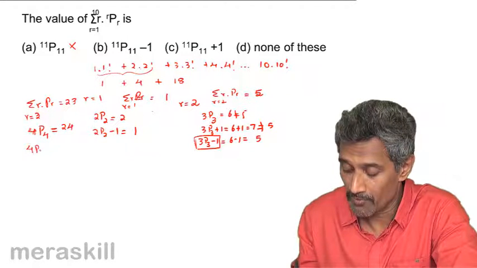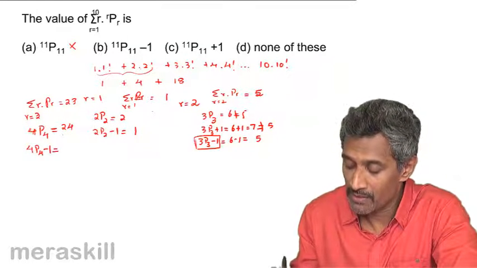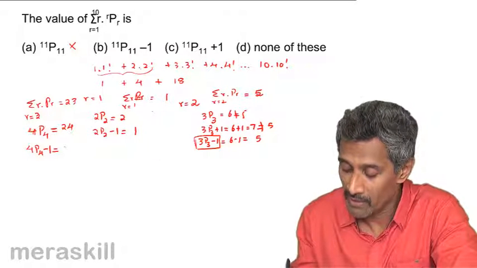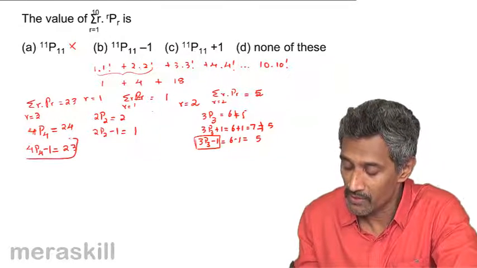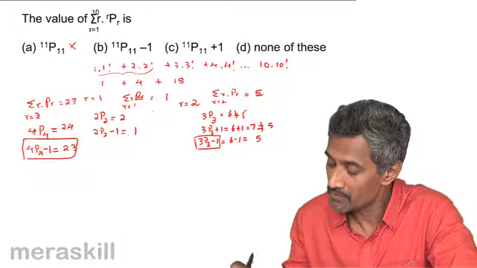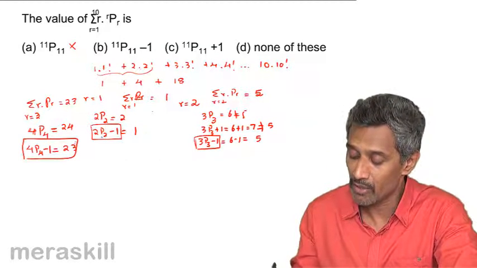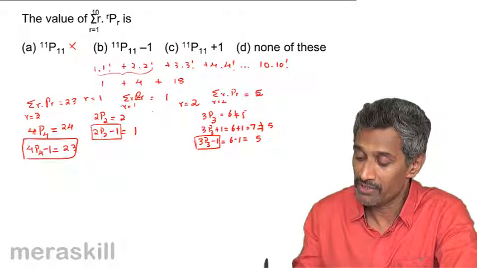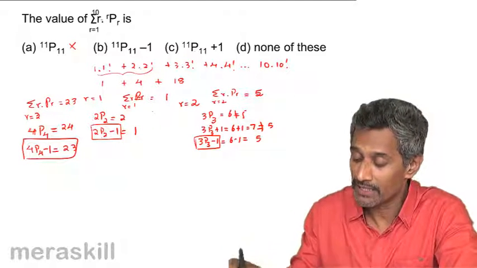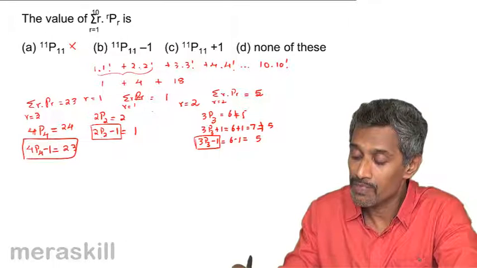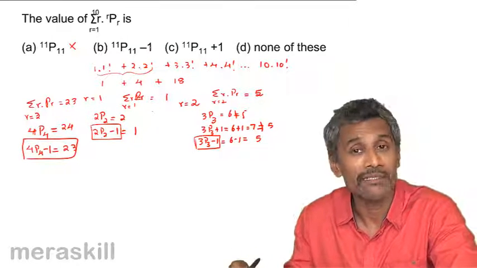But 4P4 minus 1 is 24 minus 1, that is 23. So whether it's 4P4 minus 1, 3P3 minus 1 or 2P2 minus 1, we see that in all these cases, the summation of this kind of thing is going to be R plus 1 P R plus 1 minus 1.